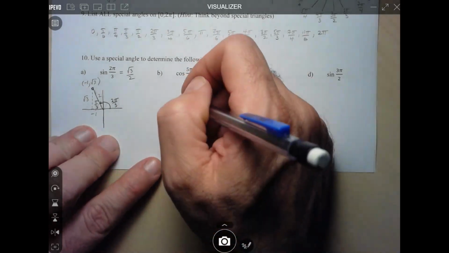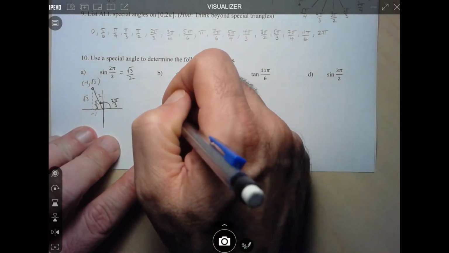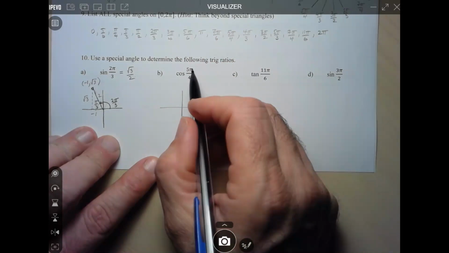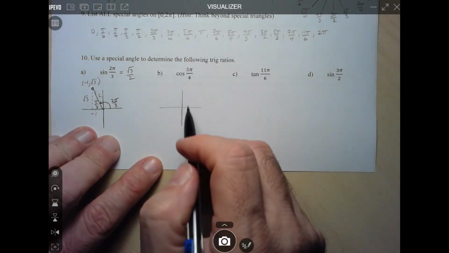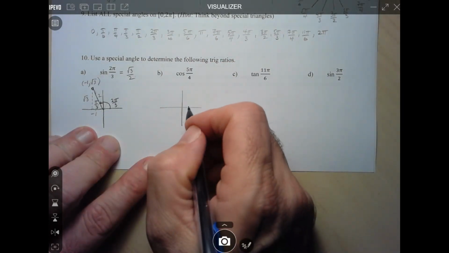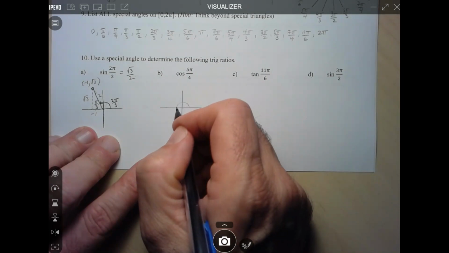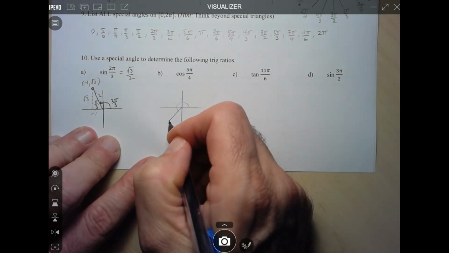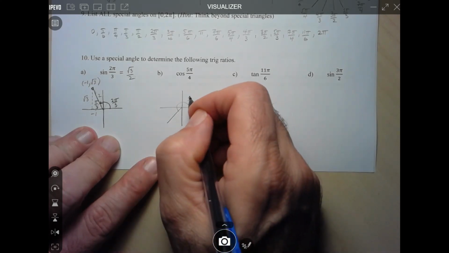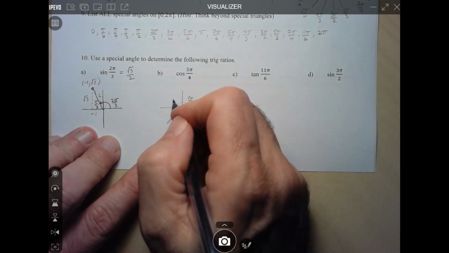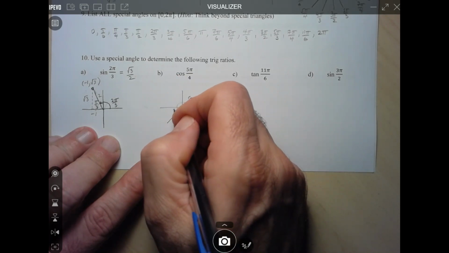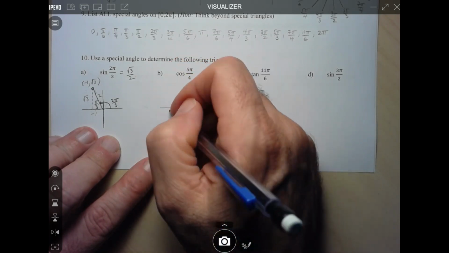So I'm going to do the same thing here. I'm going to draw myself a little diagram. So here, 5 pi over 4. I know I'm working with fractions of 4, so pi would be 4 pi over 4. I need to go one more pi over 4 to get to 5 pi over 4. That means my related acute angle is pi over 4.